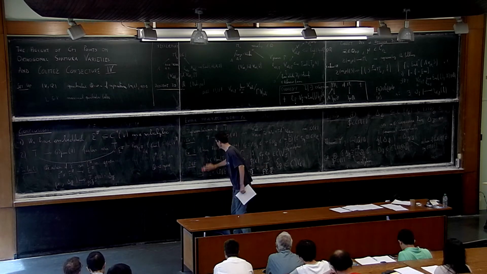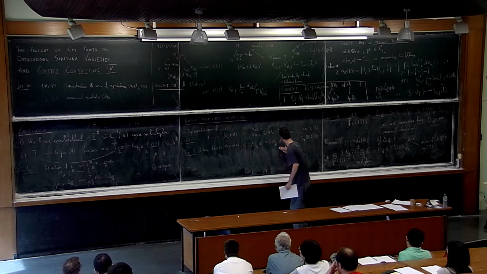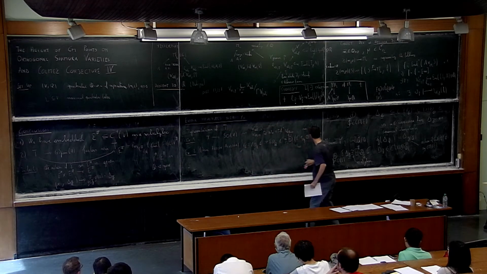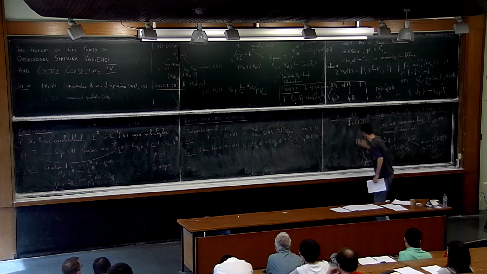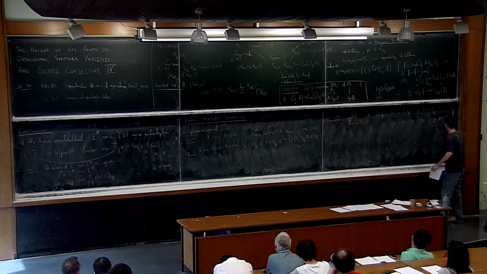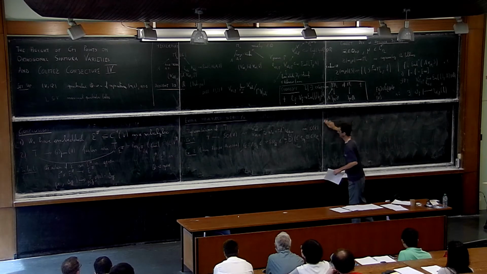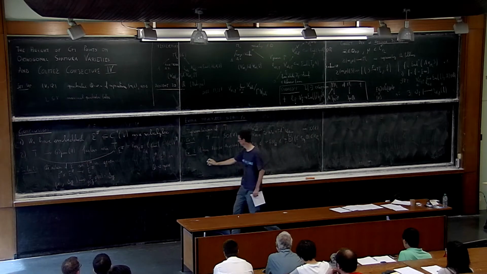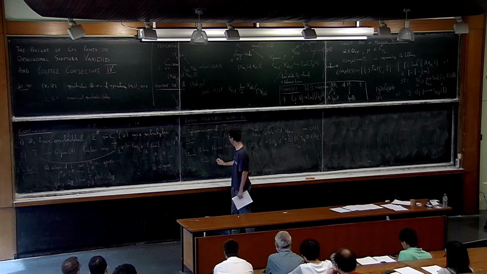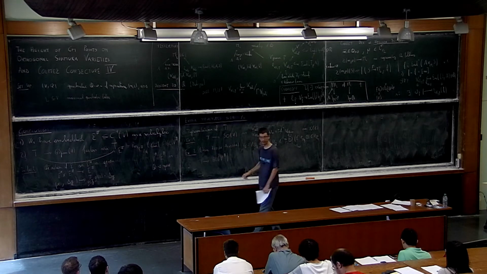So let me erase this. I want to leave example 1 on the blackboard. And now I have example 2. I have a map from T to GL of V sharp.